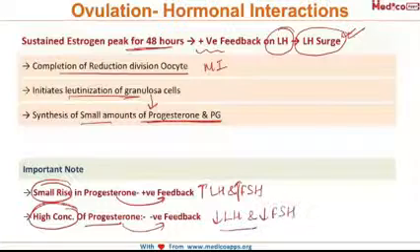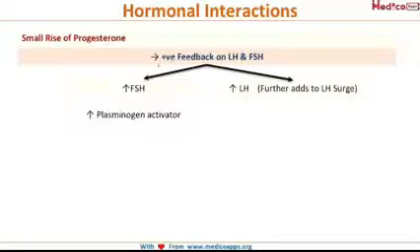So with the LH surge, there is luteinization of the granulosa cells, and a small amount of progesterone and prostaglandins are released, and the small rise of progesterone has a positive feedback action on the LH and FSH. Subsequently, the FSH and the LH levels will be increased.